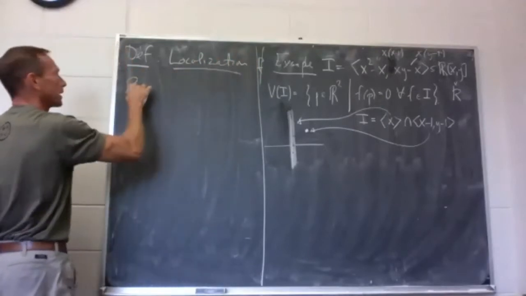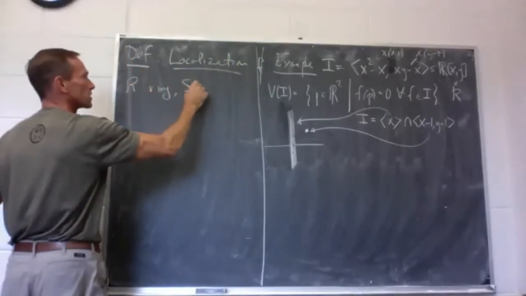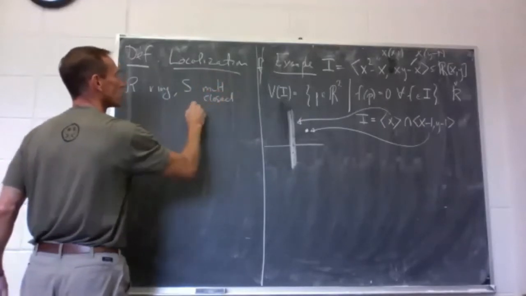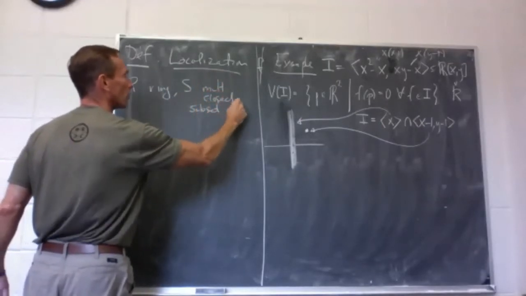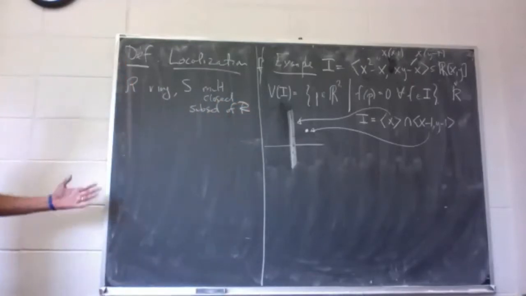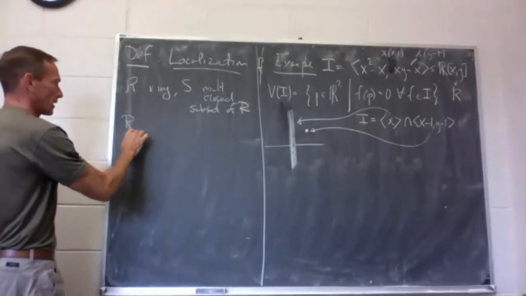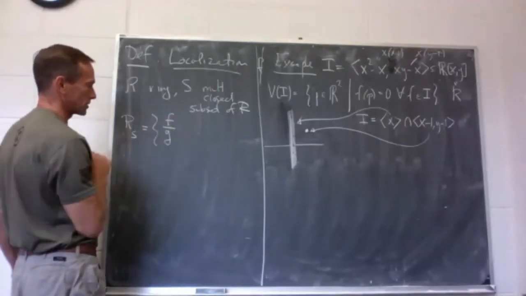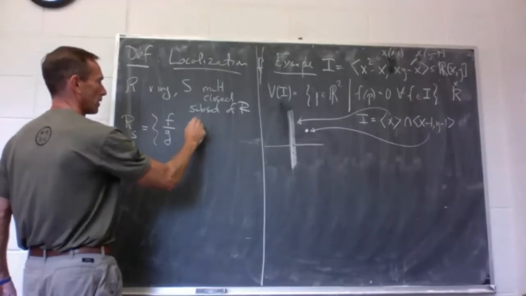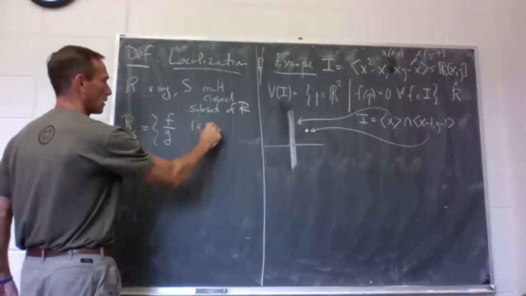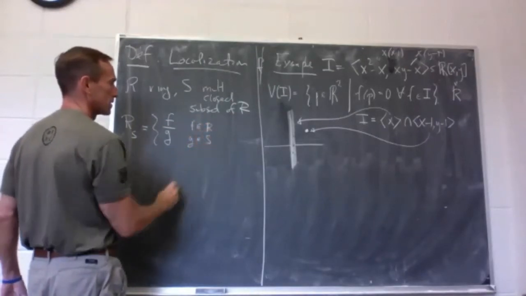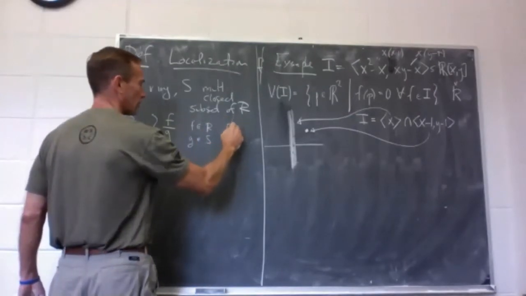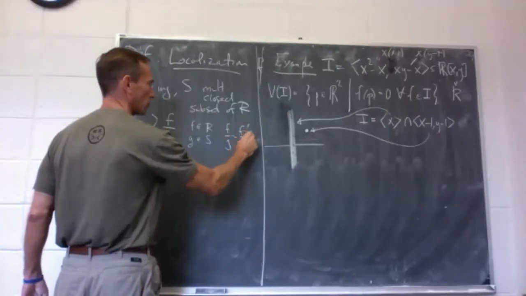So if R is a ring, and S a multiplicatively closed subset of R, then I can form the localization R_S, which is pairs, which I'm going to write as fractions, f over g, with f in R, g in S. And there's an equivalence relation, which I'm going to write f over g is equivalent to f prime over g prime.